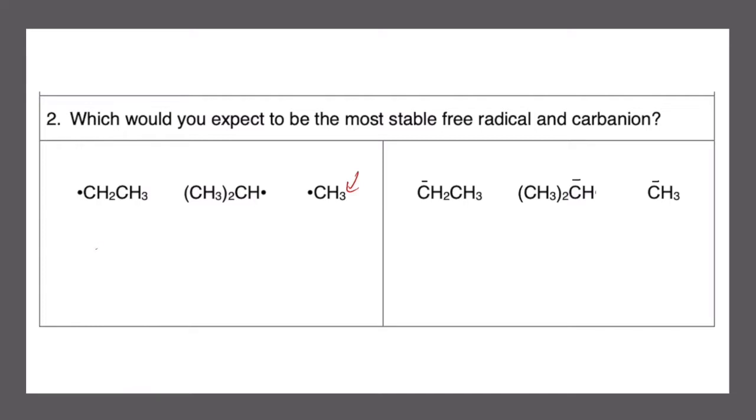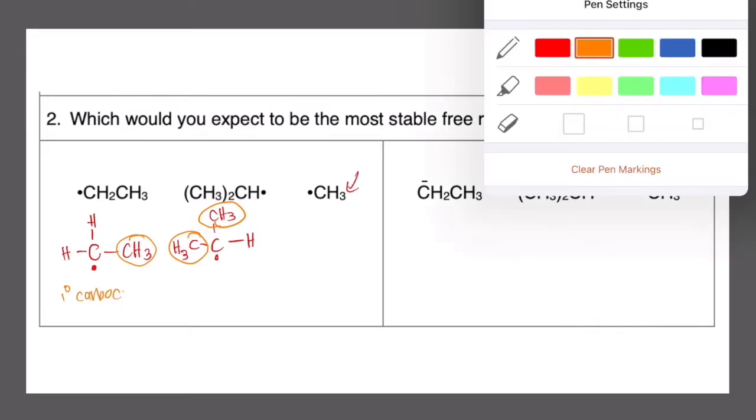Like this one, CH2, can expand it. And then this one, C, ada H, ada CH3, dan ada CH3. Dia punya alkyl group ini 1, ini 2. So this is primary carbocation. Sorry, carbocation pula.